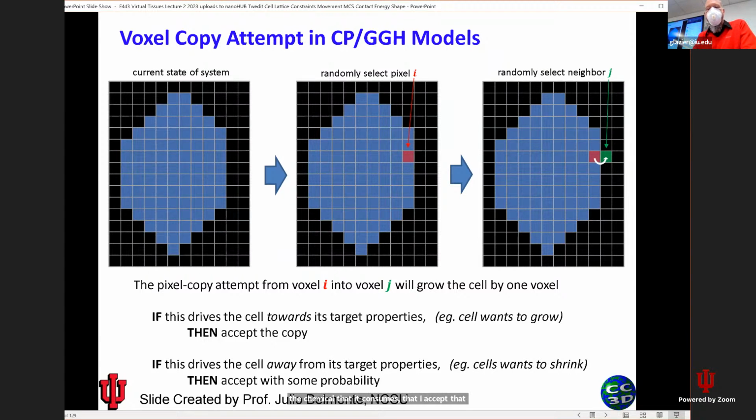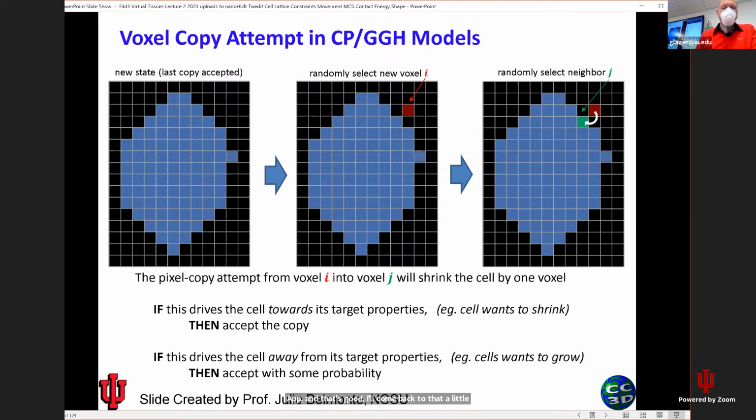So I basically make that move. If the move makes the situation of the cell worse, according to some set of criteria, I still may make that move, but I make it with a probability that depends on fluctuation amplitude. And that's good. I'll come back to that in a little bit more detail later.